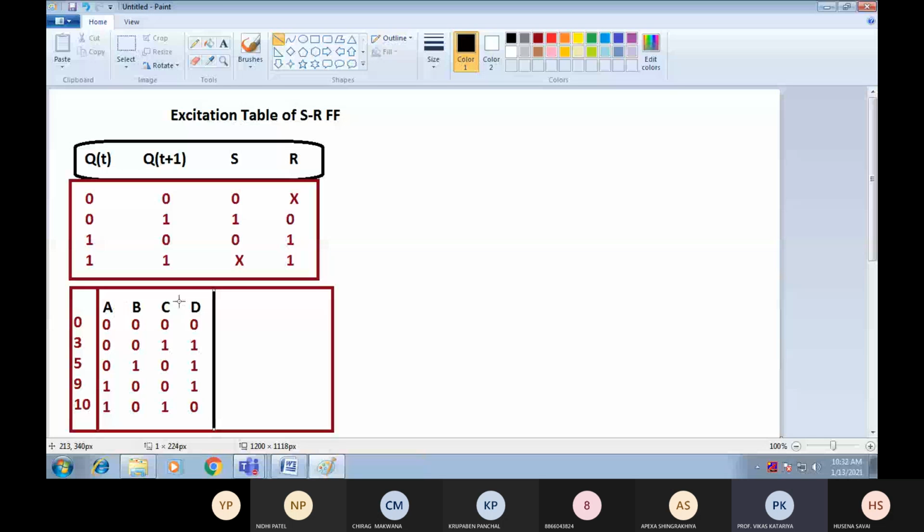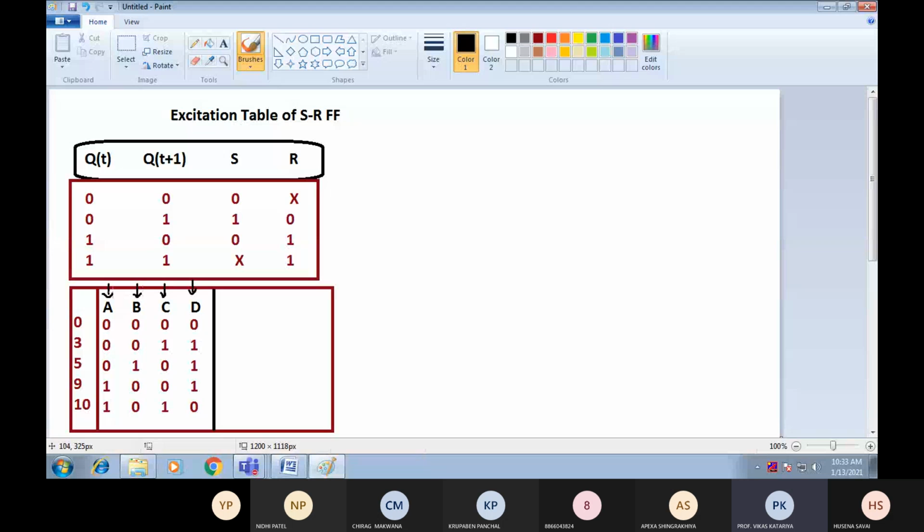So we require 4 flip-flops because we have 4 inputs. These are called inputs, right? For A, the values are 0, 0, 0, 1, 1. For B, these are inputs 0, 0, 1, 0, 0. Similarly, C, these are the given inputs, and for D, these are the inputs.